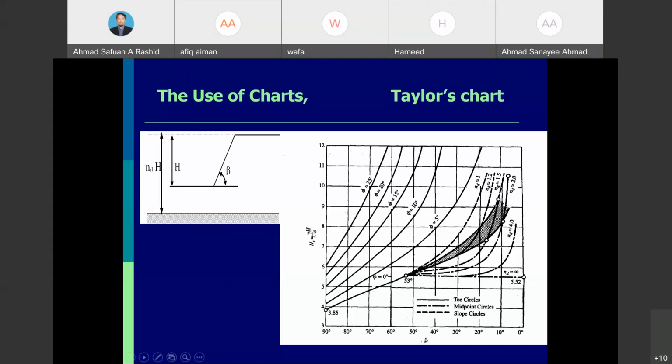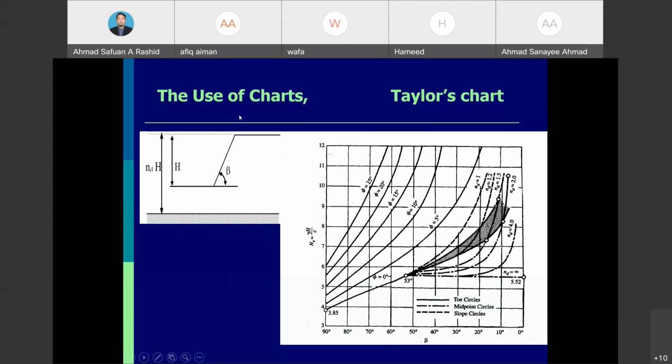Then we have another, the stability number. For this stability number, gamma times h, the value is in kilonewton per meter square. Then we divide by c. So when kilonewton per meter square is divided by kilonewton per meter square, this stability number becomes dimensionless. So that is the stability number.